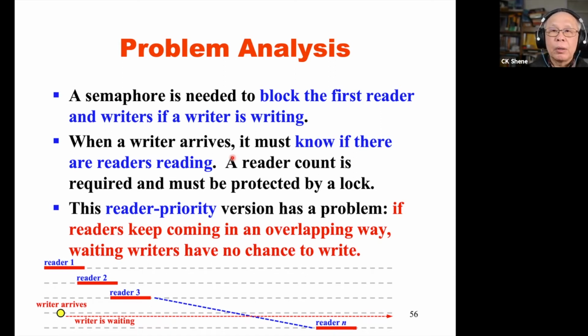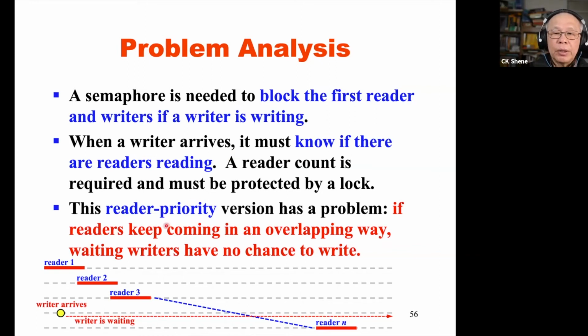As a result, we need a semaphore to establish mutual exclusion. We need 2 semaphores, 1 for blocking writers, and if there are writers writing, we block the readers. Why 1 is enough? That is very subtle to be discussed later.